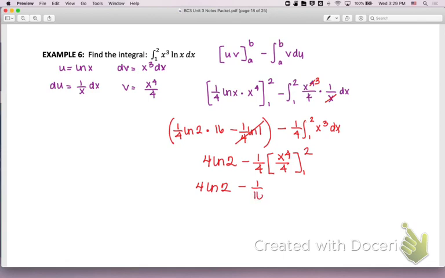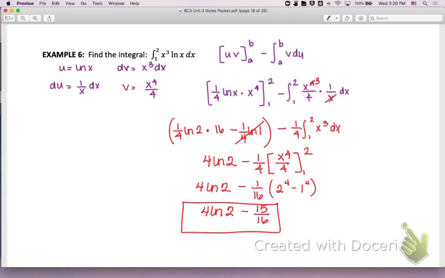So this becomes 1/16 times 2 to the 4th minus 1 to the 4th. So 2 to the 4th is going to be 16, 1 to the 4th is going to be 1. So the answer we get is 4 times the natural log of 2 minus 15/16. And again, that's a perfectly acceptable answer.